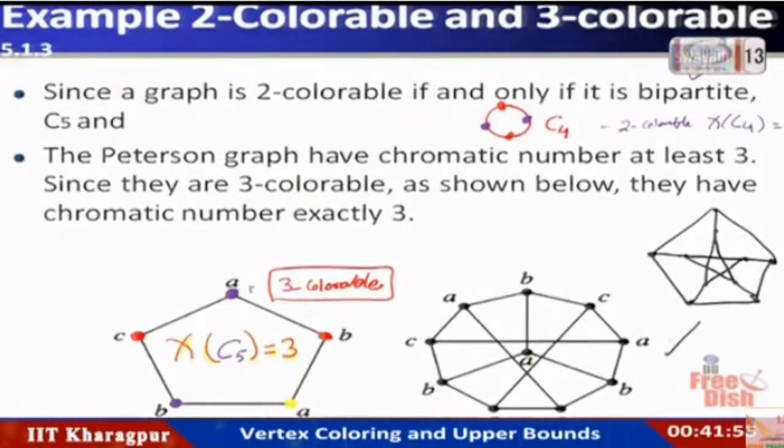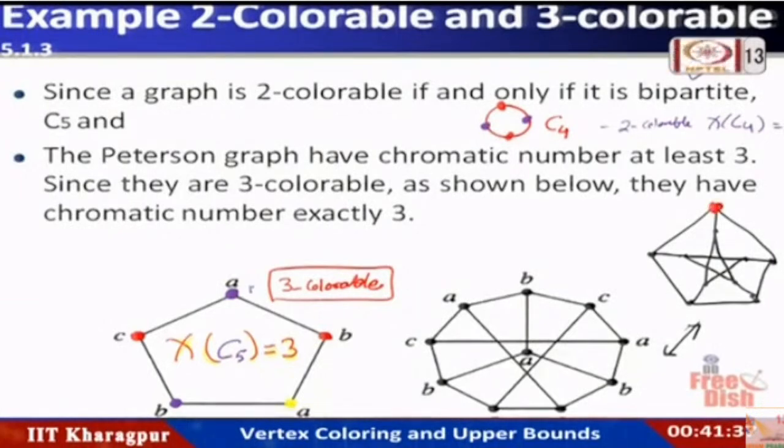This is also isomorphic to the Petersen graph. So it is another way to represent it. But let us see this particular one and start the coloring. How many colors do we need to color this Petersen graph?